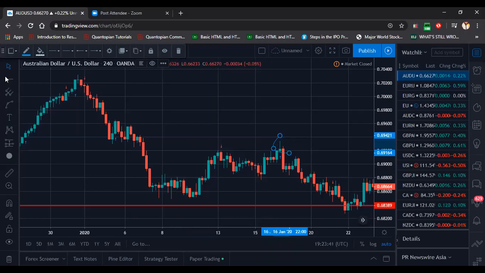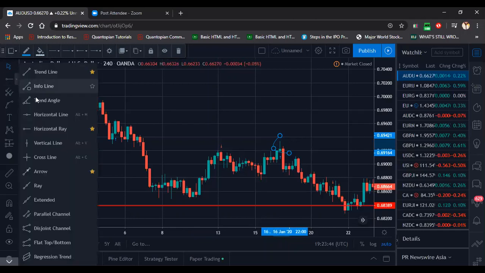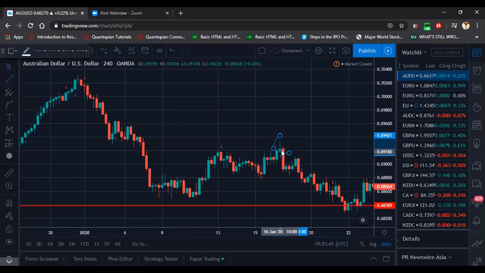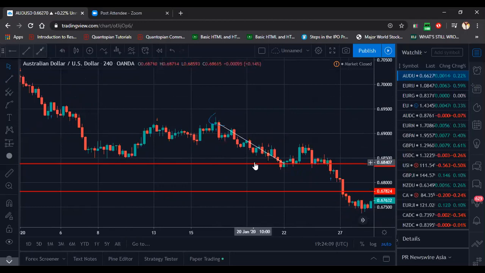You realize that price dropped from this level to this level, because buyers were not able to take the price up. So you join the sellers and then sell, right? Yeah, so that is a shooting star.